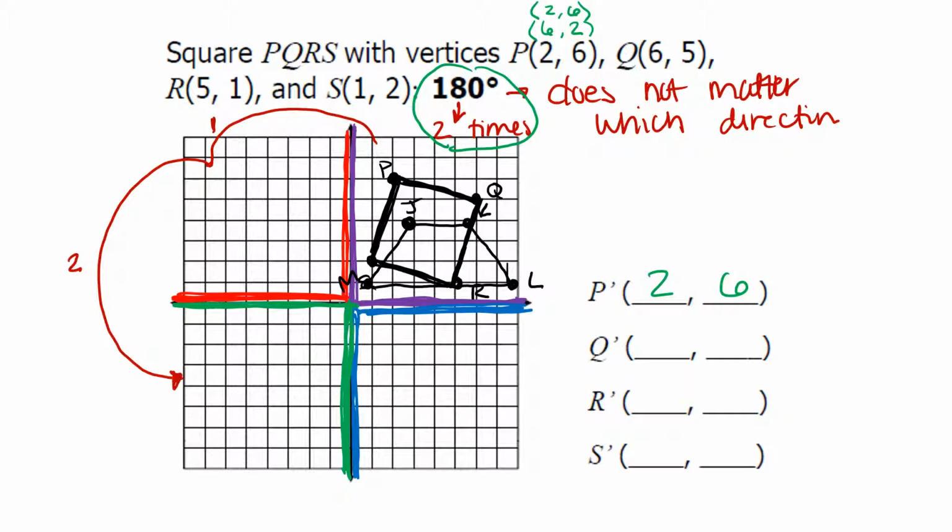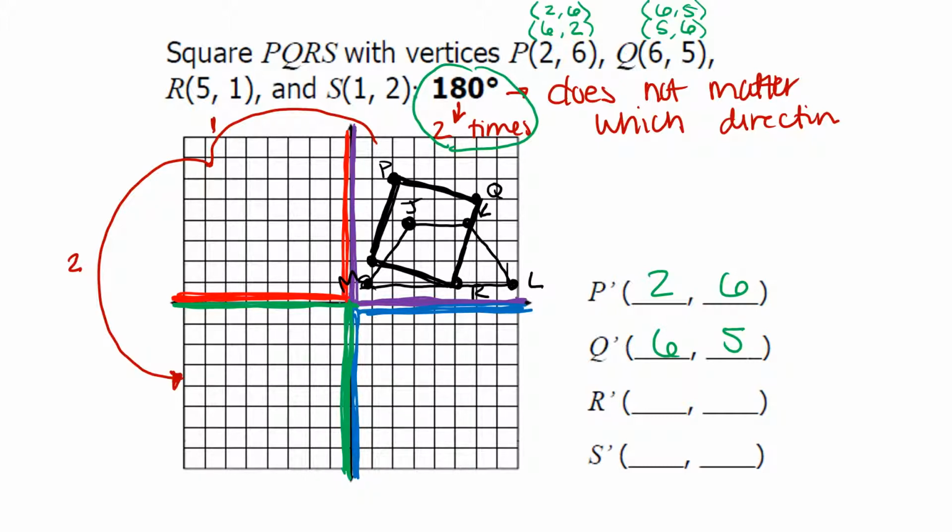Think about what you notice about our starting point and our ending point. You should realize that they're the same, 2, 6 and 2, 6. Same thing with Q. I turn it 1 time, 90 degrees would give me 5, 6. 2 times, 180 degrees would give me 6, 5.